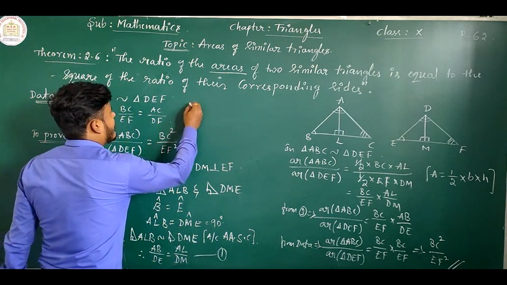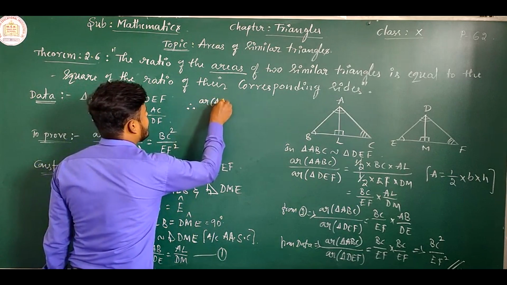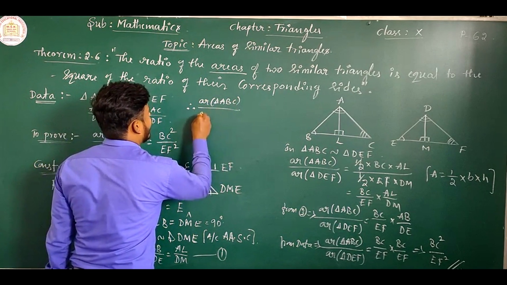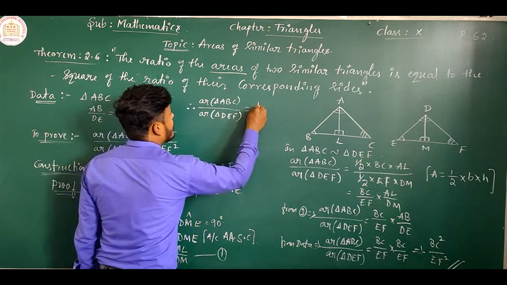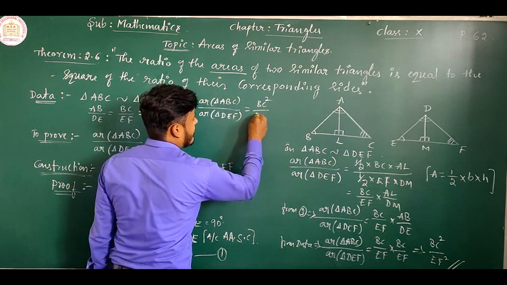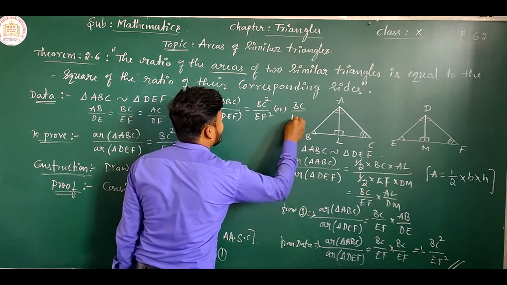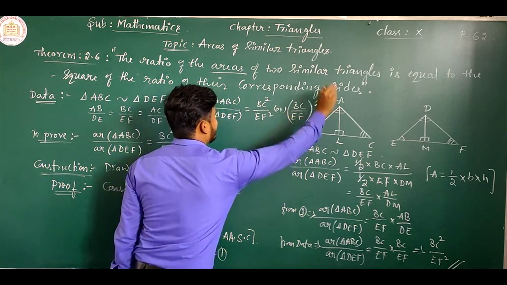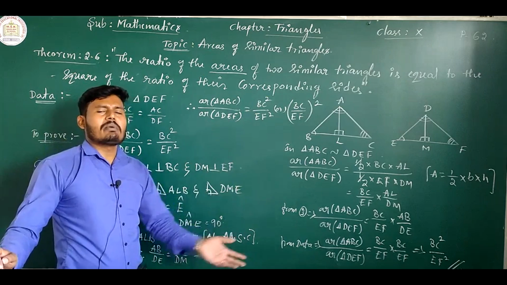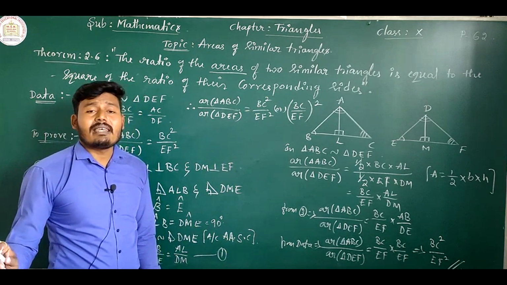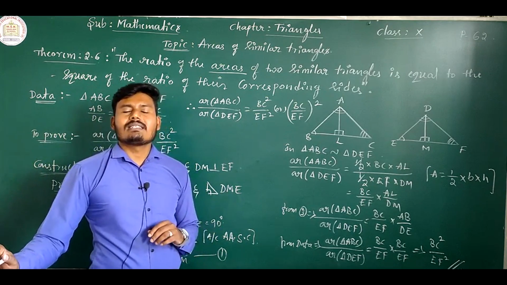So the final proof is here: area of triangle ABC divided by area of triangle DEF is equal to BC square divided by EF square, or you may write it like BC by EF whole square. So this is the proof of this theorem.